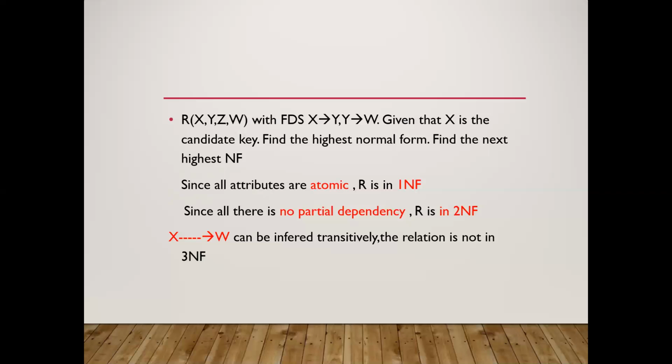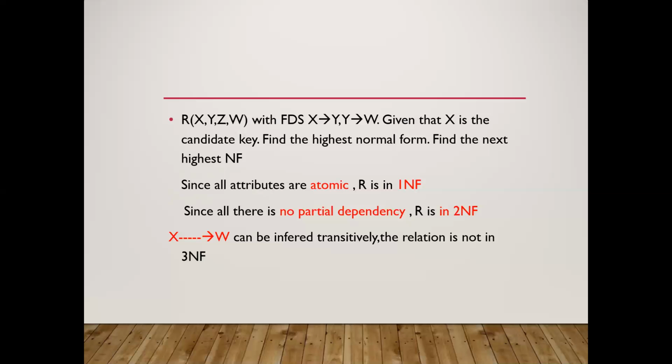Is it in 3NF? How to find? Is there any transitive dependency present? Y, Z, W: three attributes are non-prime attributes. Is there any transitive dependency? Yes. X can infer W transitively.